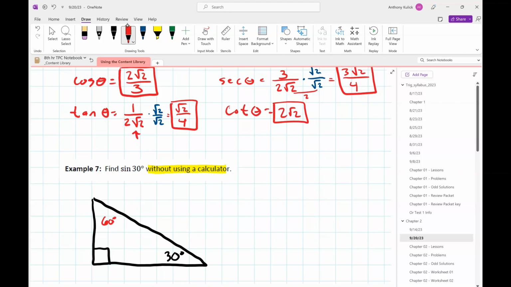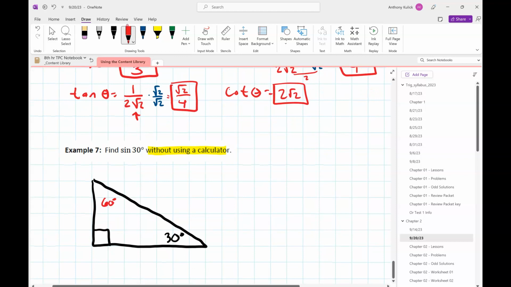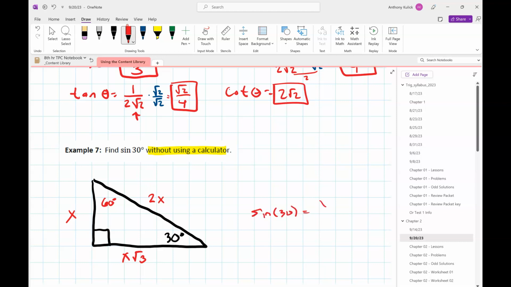That has known side lengths that are in ratio x for the short side, x root 3 for the medium side, and 2x for the long side. So sine 30 then should be opposite over hypotenuse. The x's reduce out, and that just turns into 1/2.